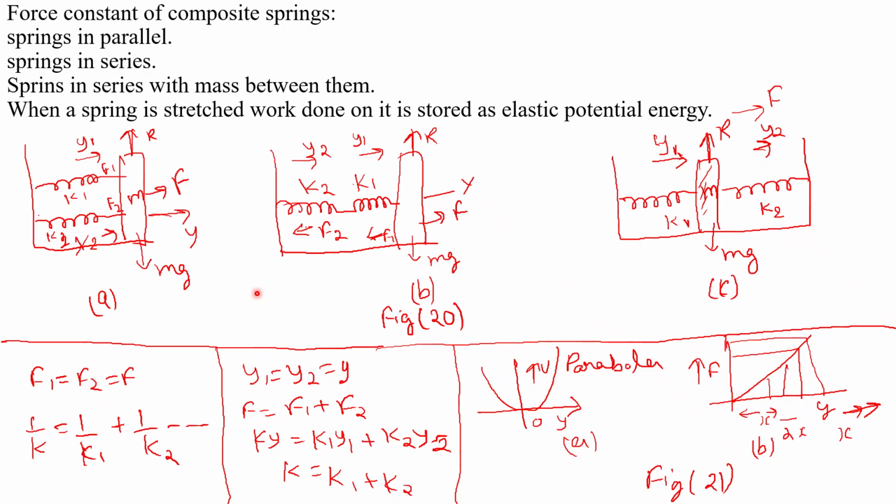Now as for a spring F is equal to ky, and as the k's are not equal, F1 is not equal to F2, but for equilibrium F is equal to F1 plus F2, that is ky is equal to k1 y1 plus k2 y2. So we see k is equal to k1 plus k2 and so on.